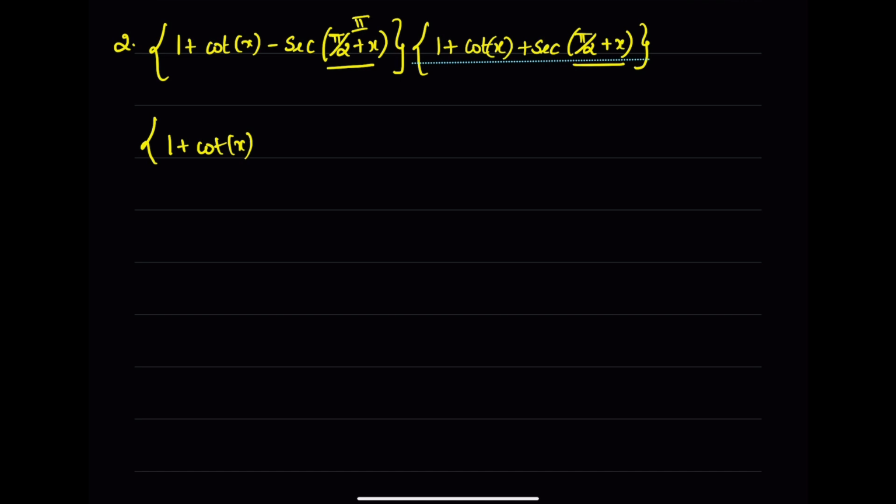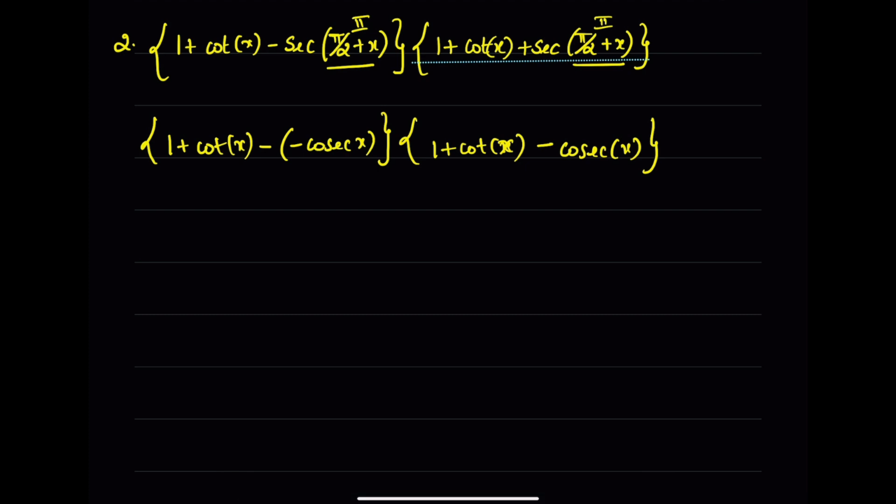In second quadrant cos and secant are negative, so what we would get is minus of minus cosecant of x, and the second part 1 plus cot x, and this is again the second quadrant, this will be minus cosecant of x.